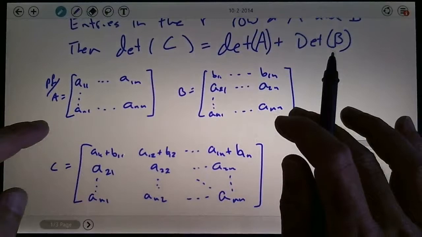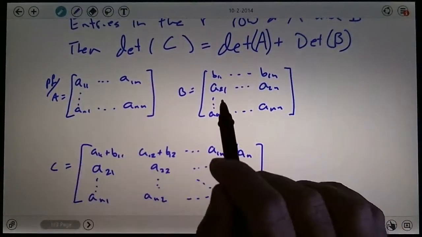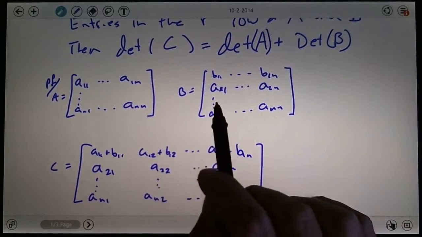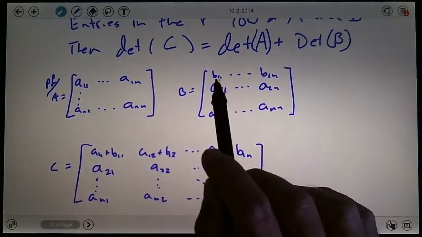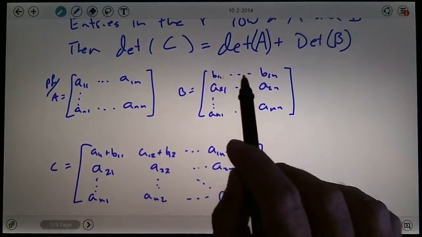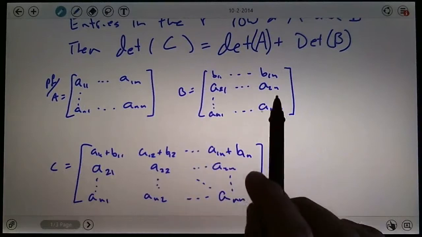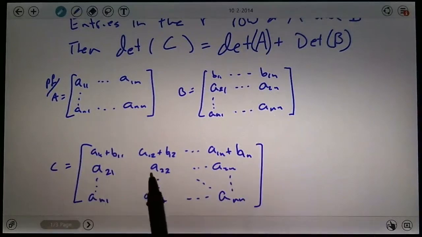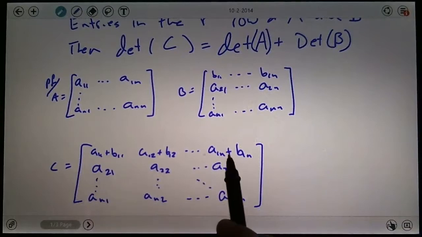So I've got three matrices, A, B, and C. Well, here's A. B is actually equal to A everywhere except for one row. For the sake of simplicity here, I'm just saying in the first row they differ. So the first row of B is different than the first row of A, but every other row is the same. So I'm using the same letters here as I used over here. Likewise, all of these rows of C are the same as they were for B and A, only the first row is different.